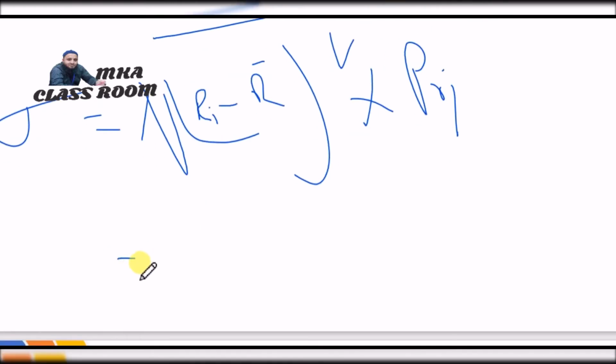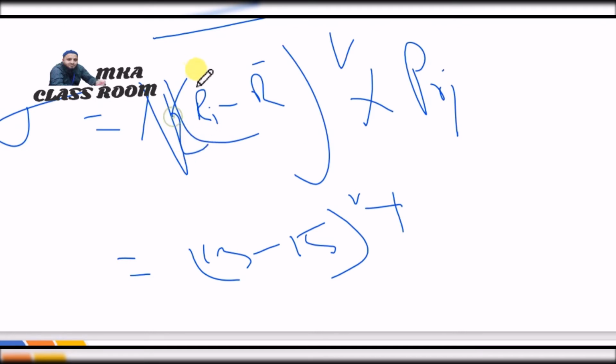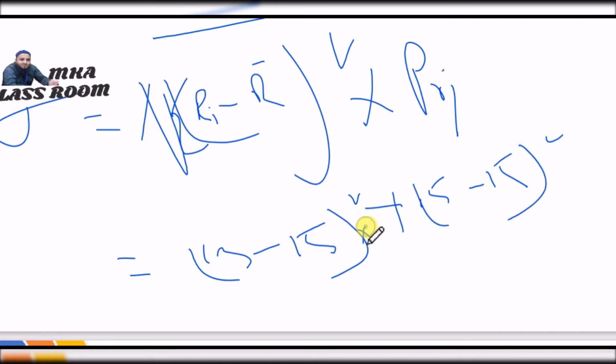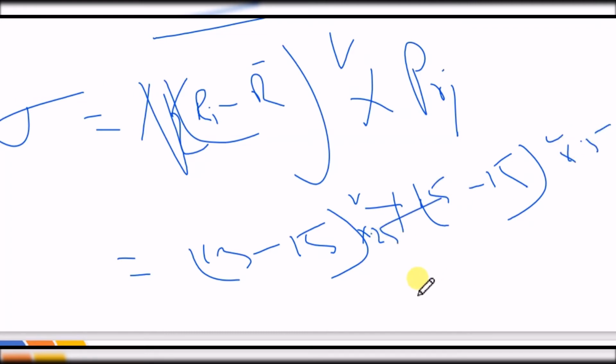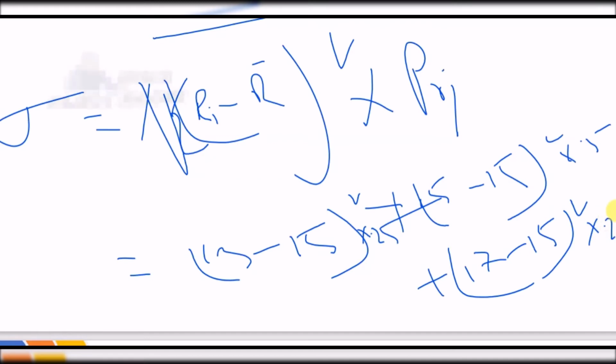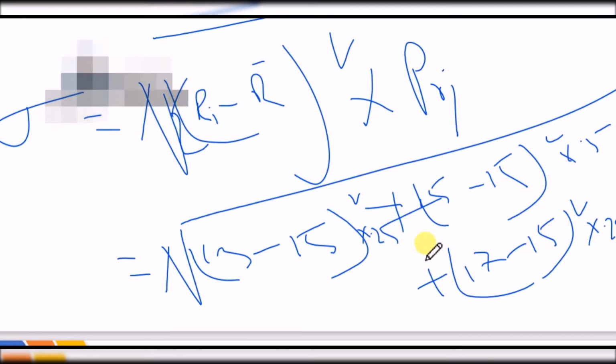So here we will see (13% minus 15%) whole square into 0.25, plus (15% minus 15%) whole square into 0.5, plus (17% minus 15%) whole square into 0.25, then the whole square root.